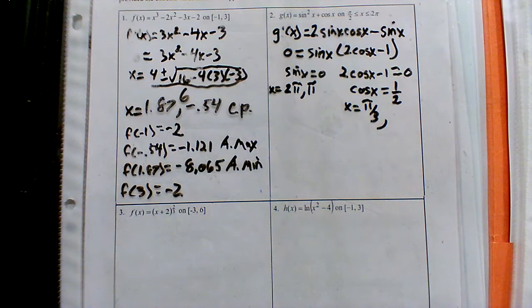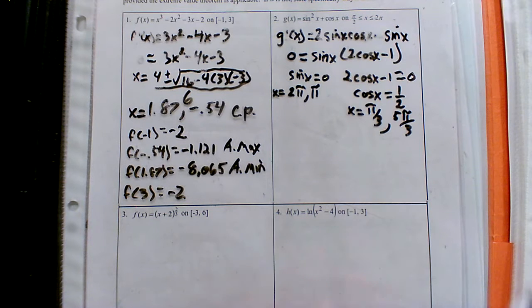I think you have the right idea. You leave your 3 on the bottom. You're getting close. 5 pi over 3. Yes, that's it. I knew you would get there. 5 pi over 3. Very good.